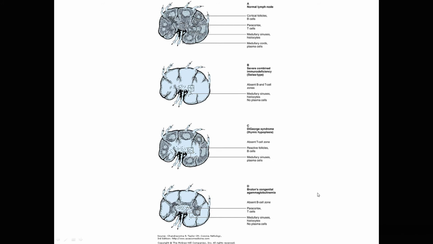This is due to a mutation in a tyrosine kinase gene, and usually the germinative centers are absent in lymph nodes and also in the spleen, while in bone marrow precursors of B cells may be present in normal numbers.